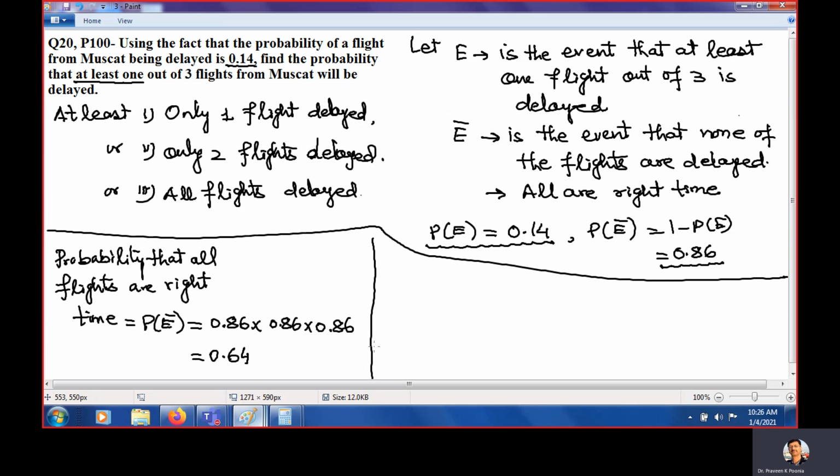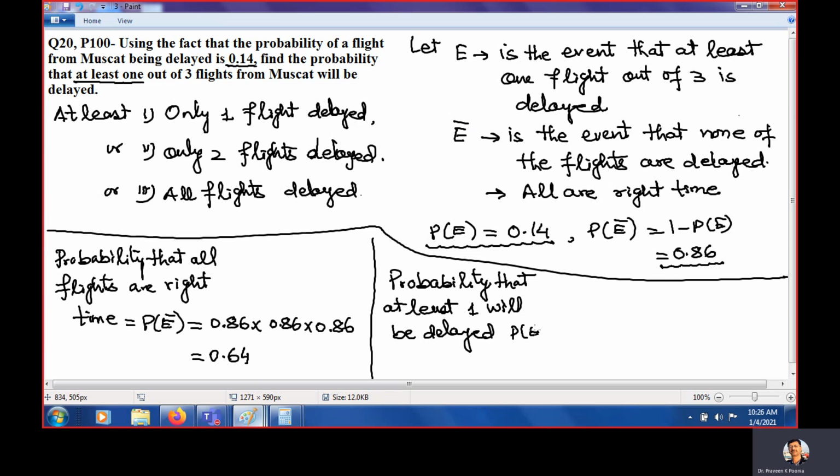Now probability that at least one will be delayed.